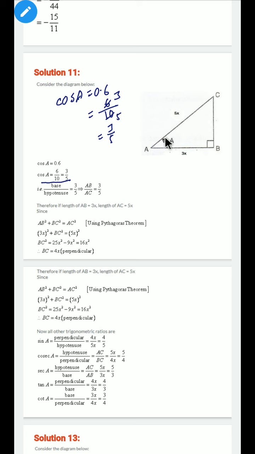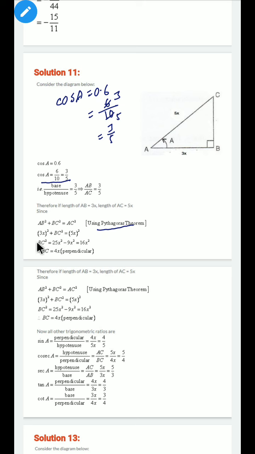According to this angle, opposite of this angle will be the perpendicular, that means BC is the perpendicular and AB is the base, and the hypotenuse is always present opposite of this 90 degree sign. Now from here you have to find out the value of the perpendicular. Then again you have to use the Pythagoras theorem.